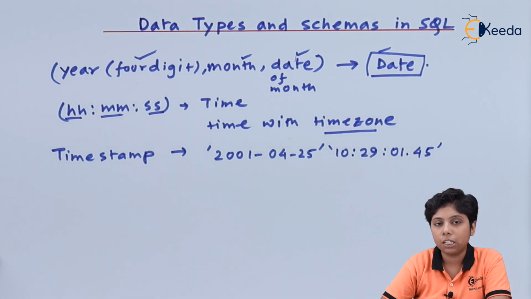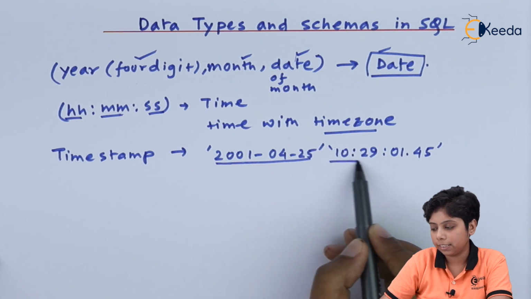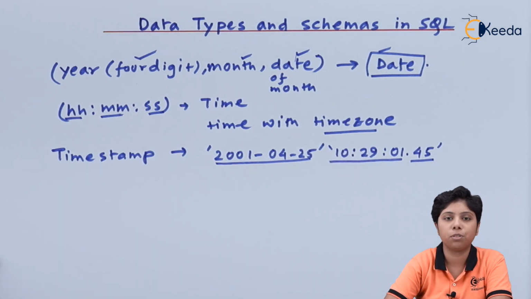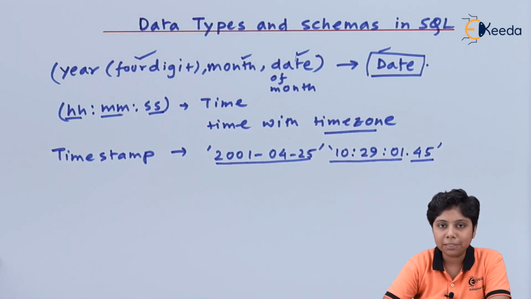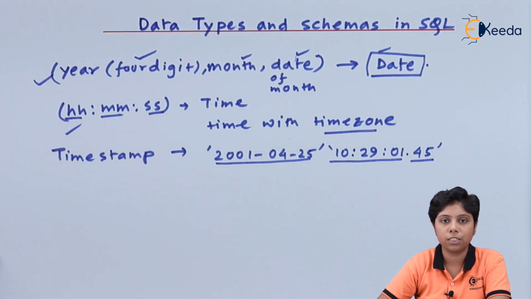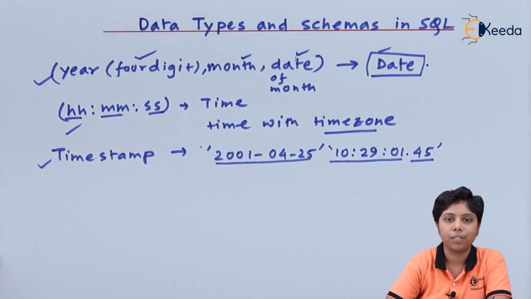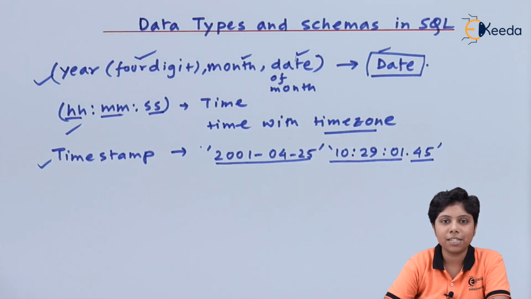So this is basically a look of the timestamp, which consists of the date and then the time according to the time zone. The time T will consider this one, the date D will consider this one, and the timestamp TS will consider this one. So these are the date and time data types that we use in SQL.